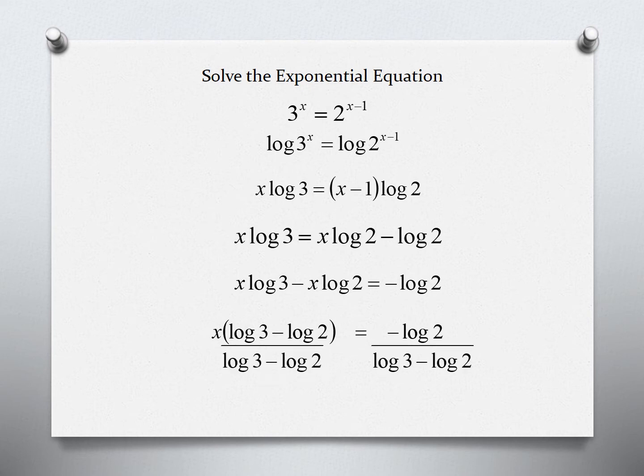So I'm going to divide both sides by that coefficient, if you will, of x. And so both sides of the equation get divided by log 3 minus log 2. Once I do that, I'm left with x is approximately, because again I have rounded this value, 1.7095.